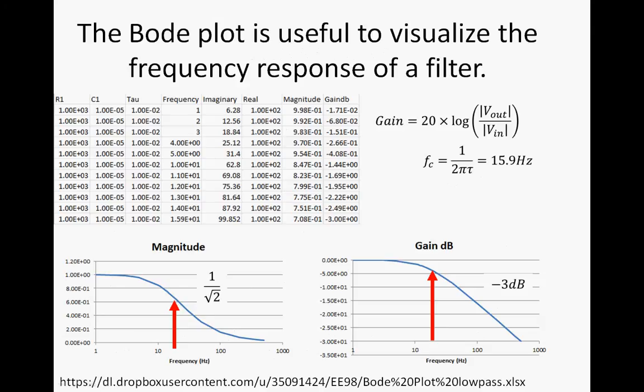Now we can use Excel to calculate the frequency response. I have a column of resistor, capacitor, and tau calculated from R and C. I have a logarithmic progression of frequency. I calculate the imaginary part, the real part, and then I calculate the magnitude, and then I calculate it in dB.